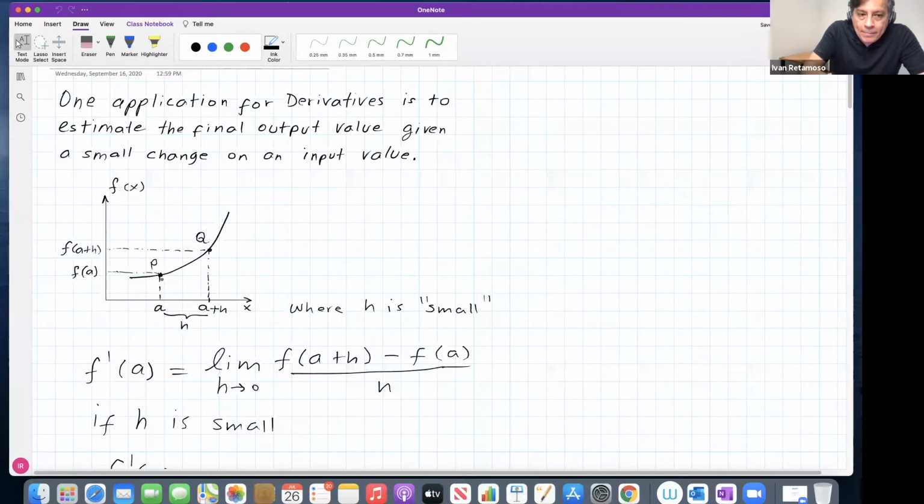Now, a via the function should be paired up with f of a, and a plus h should be paired up with f of a plus h, right? We have that. But now let's see what the derivative of this function evaluated at a should be. What would that be?